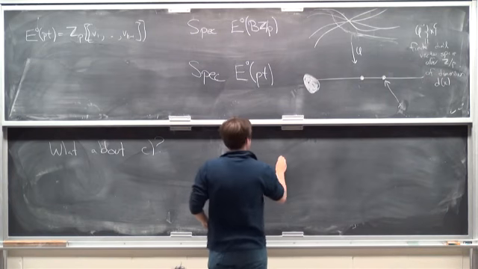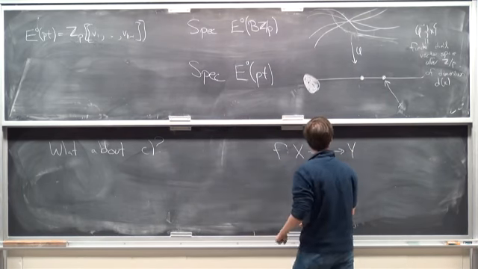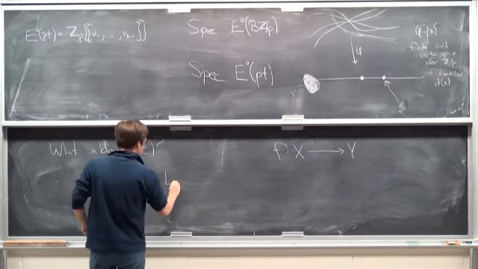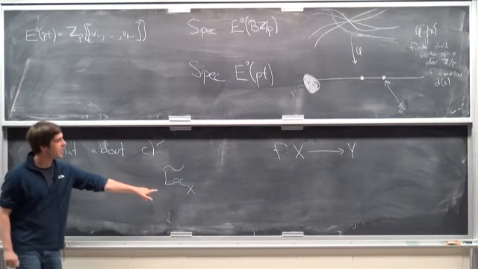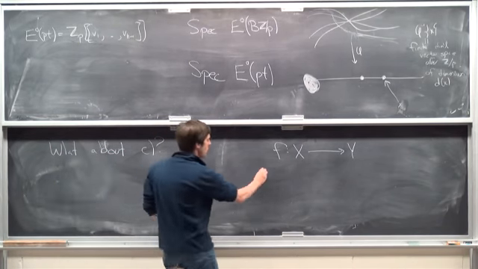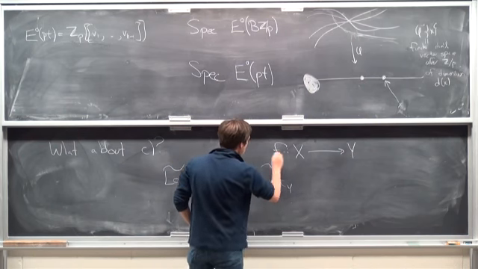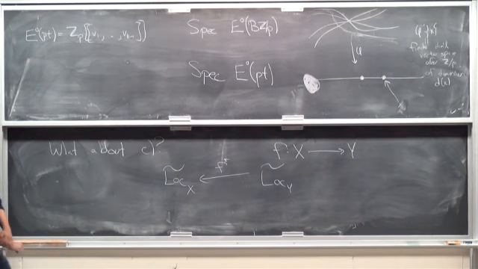So let's suppose that you have a map f from x to y of spaces. So you can talk about local systems on x and twisted local systems on x. That's a category which is defined over there on that board. You can talk about local systems on y. And there's an obvious way that you can take a local system on y and pull it back to get a local system on x.